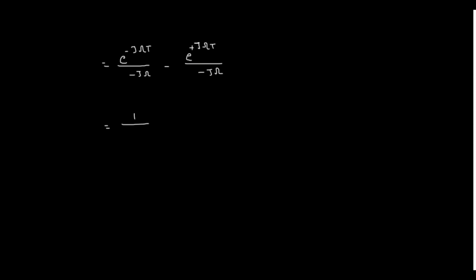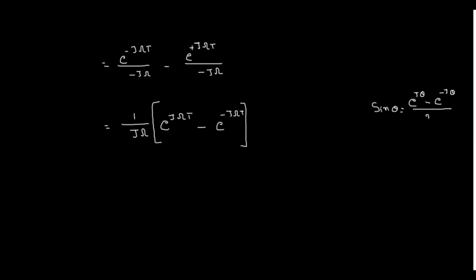1 by j omega, bringing it out as common, then e power j omega T minus e power minus j omega T. So we know a formula in trigonometry: sin theta can be written as e power j theta minus e power minus j theta by 2j. We can compare this equation with this.